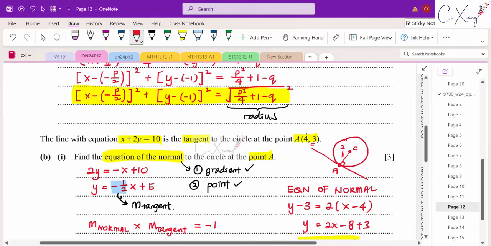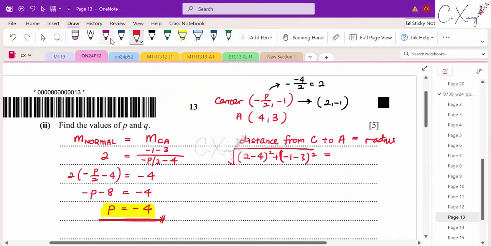The radius is the square root of p squared over 4 plus 1 minus q, and your p is negative 4.